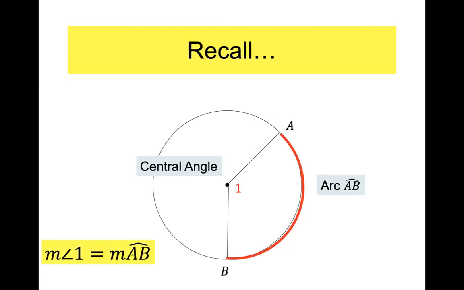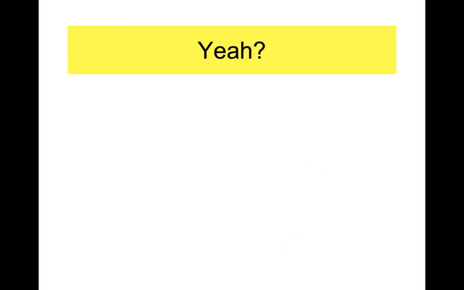One's a curve of a circle and one is an angle, so they're not congruent, but their measurements are equal. So angle 1 has a measurement, and the amount of the circle covered in arc AB is also a measurement in degrees. And angle 1 and arc AB are equal to each other.